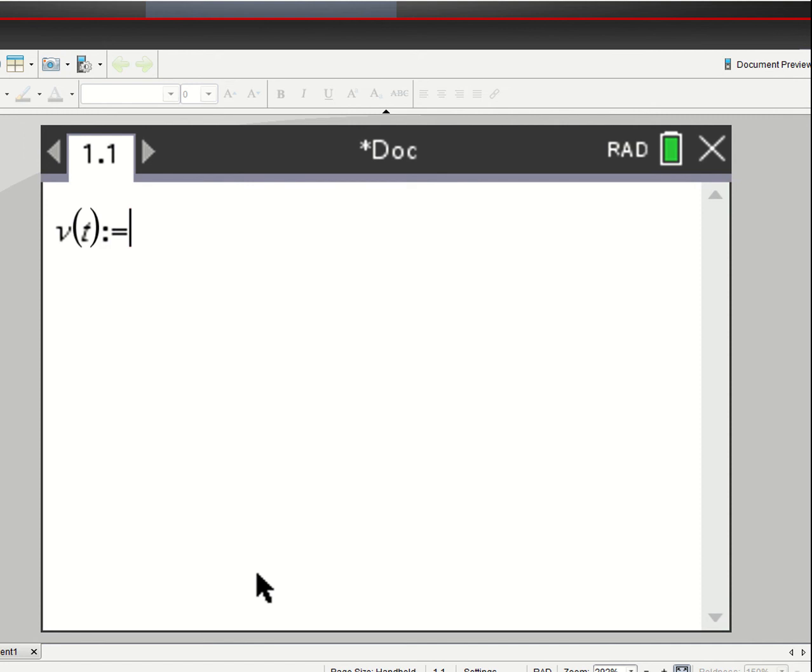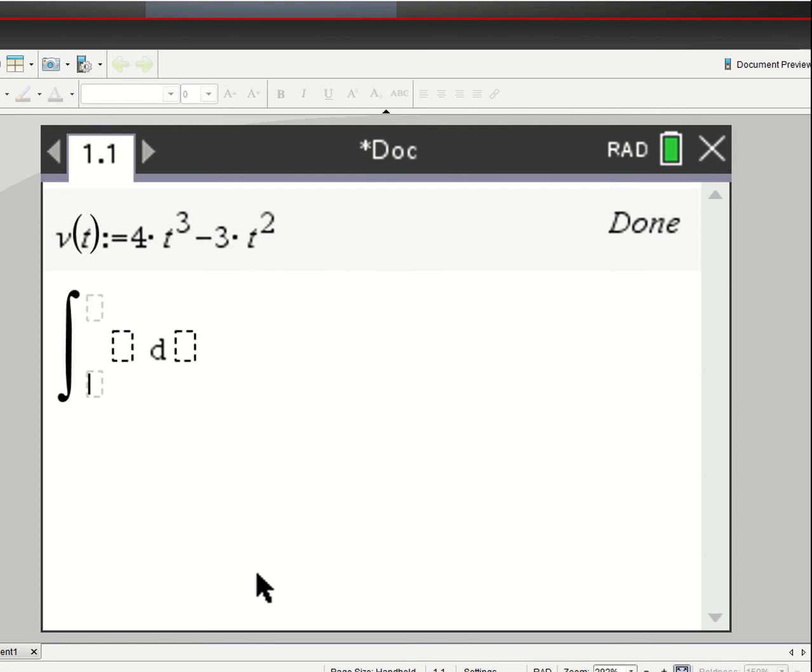And so v of t, now this is before I've integrated, is 4t to the third power minus 3t squared. And I'm just going to hit enter here. And we need to get the done. That's how you know. Now I'm going to hit shift plus. I don't know why I chose the wrong size for my screen. I apologize. But I hit shift plus here. And I'm going to do from 0 to 5 of v of t dt.